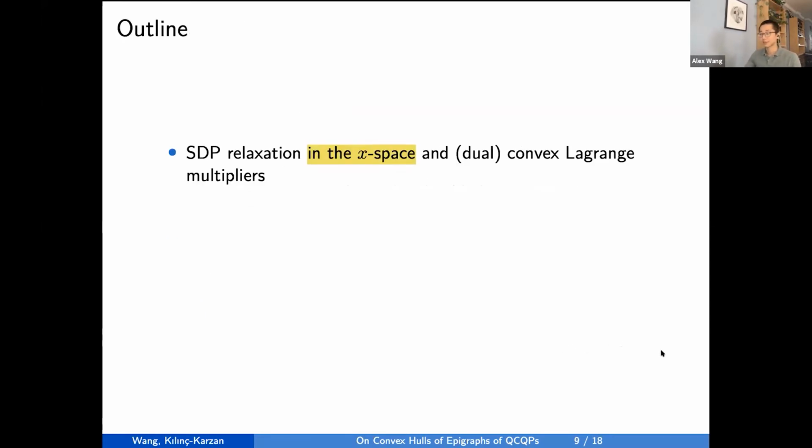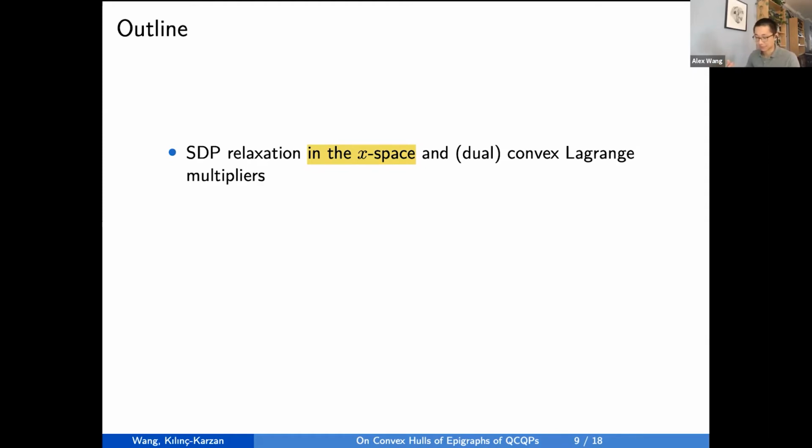Let me give you a quick outline for the remainder of this talk. There will be 3 parts. In the first, I'll tell you about how to understand the SDP relaxation in just the X space. Usually we think of the SDP relaxation as happening in the X and capital Y space, this matrix that we introduced to lift the original QCQP.